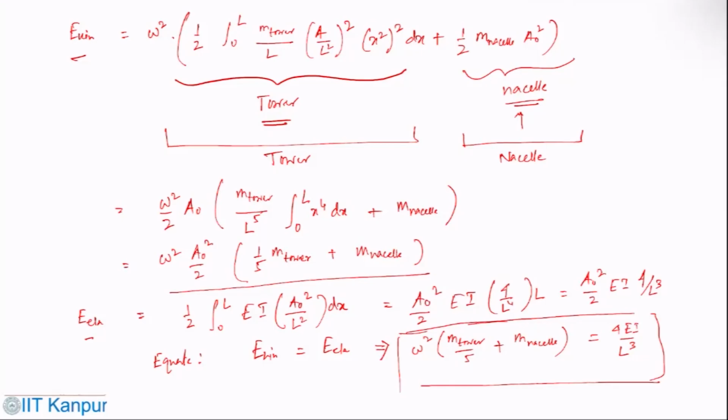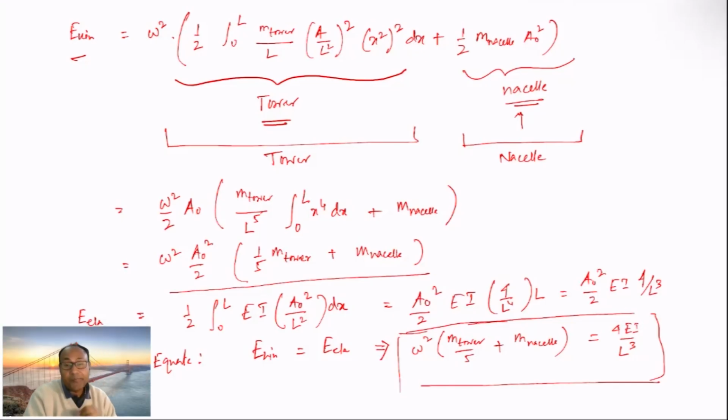If you look at it, this is a sort of effective mass of the tower and the nacelle in total. So the oscillation frequency can be estimated.